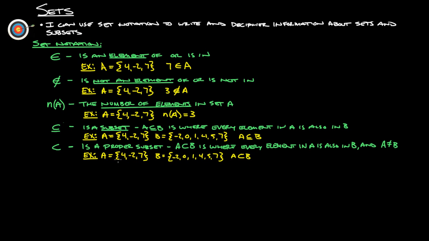So to help you figure out the difference between a subset and a proper subset, 4, -2, 7, A is a proper subset of B. And it's also a subset of B. But let's say if B was also 4, -2, 7, A would be a subset of B, meaning everything in A was in B, but A would not be a proper subset of B because B has to contain at least one thing that's not in A in order for it to be a proper subset.